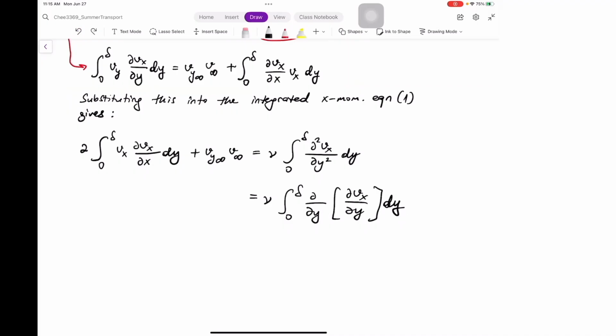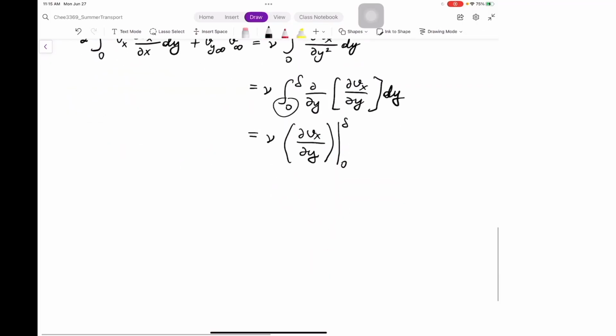They can cancel because you're not actually changing the x. So you're just going to have this one as your function. So it's going to be nu del Vx over del y from 0 to delta. These are the boundaries of the integral.